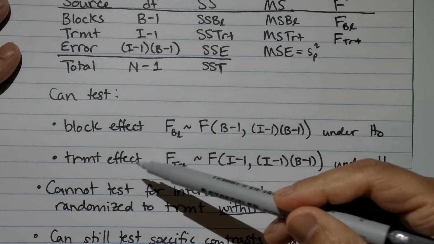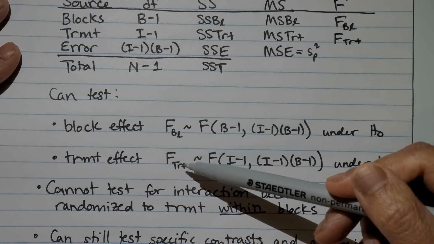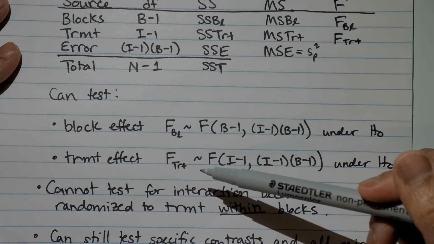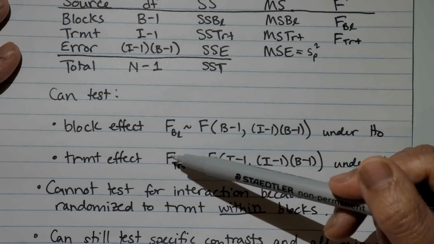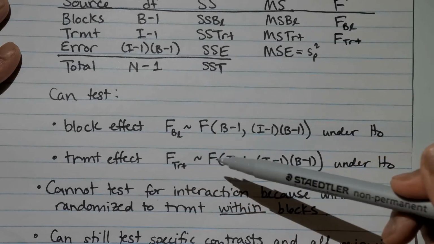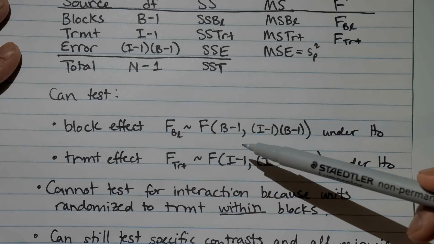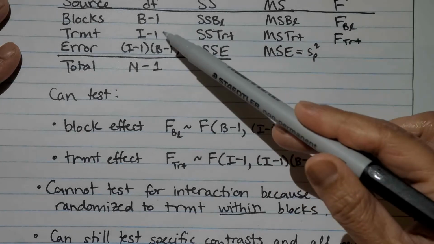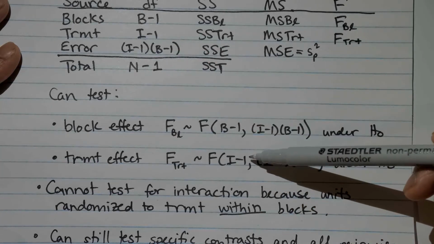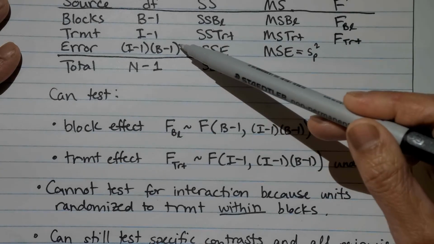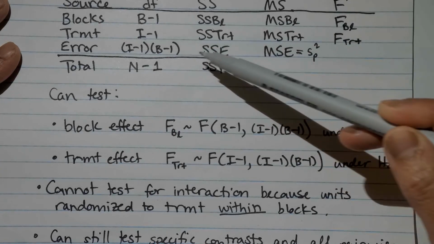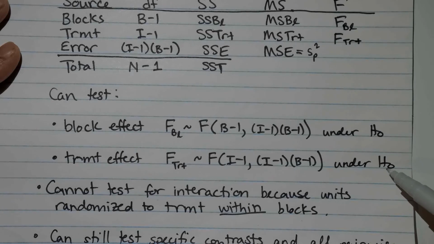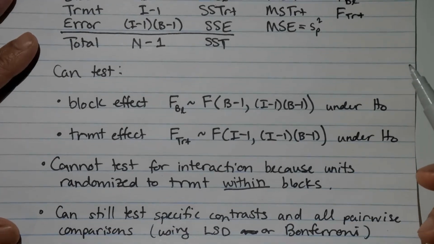The treatment effect is similarly distributed, because our test statistic for treatment follows an F distribution with capital I minus 1 numerator degrees of freedom and I minus 1 times capital B minus 1 denominator degrees of freedom under the null hypothesis. Both of these, as F tests, would be one-way tests or upper tail tests.